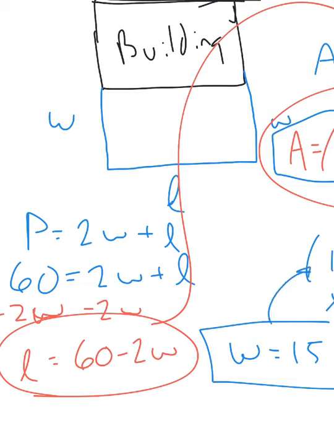That was the width that gave us the maximum area. Now I can take that and plug it in right here. 60 minus 2 times 15 would give you 60 minus 30, which is 30, so your length is 30. And we should probably label it. So what is this? Feet.